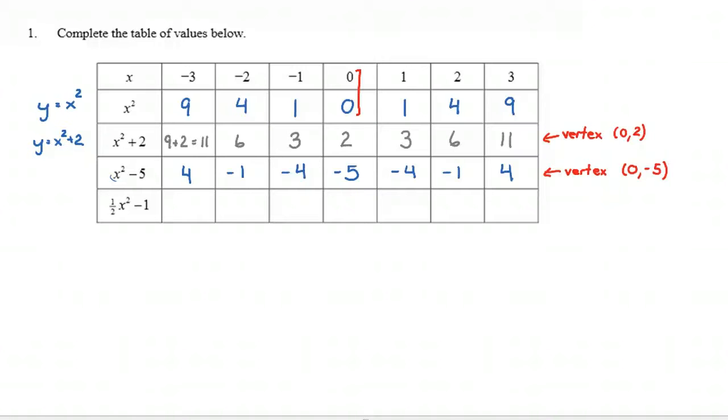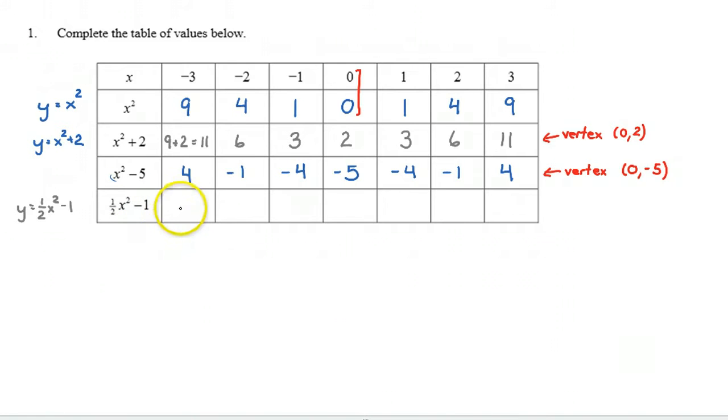Now this one looks a little bit trickier because it has a 1/2 in front of the x squared. So again, I could do a substitution process here. We can think of this as y equals 1/2 x squared minus 1. So order of operations means that we're going to square it, then multiply the result by 1/2, and then subtract 1. So let's do this down here.